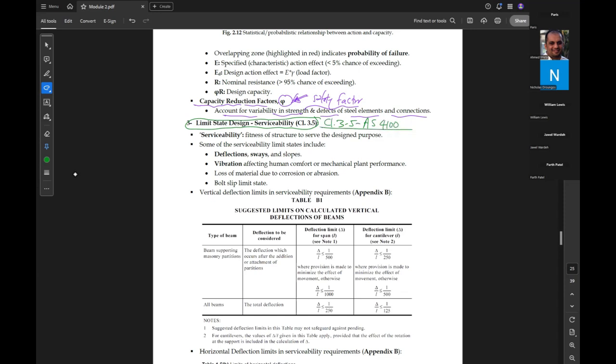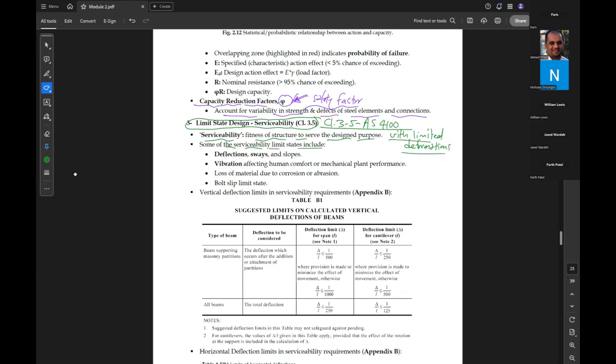This is the location in the standard. So serviceability means the fitness of structure to serve the design purpose with limited deformation.